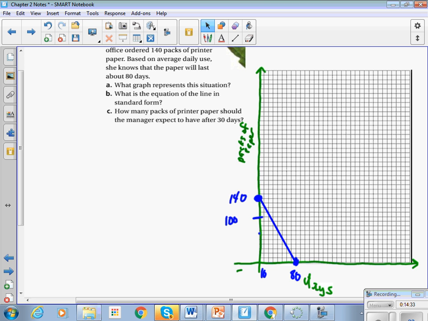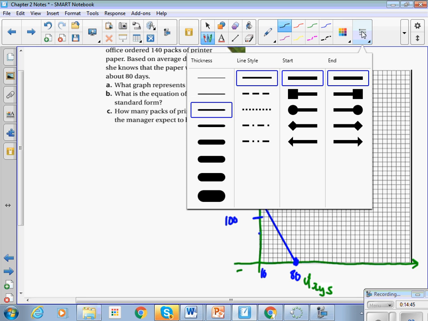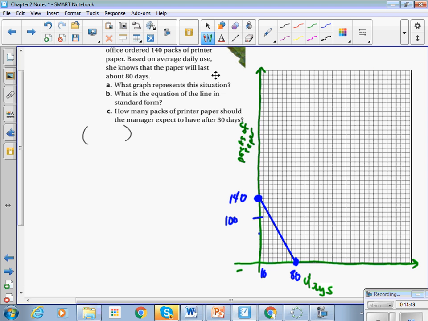All right, so now all we have to do is come up with an equation for this line. The first thing I'm going to do is write my 2 coordinates down. My first point was here at (0, 140), and my second point was here at (80, 0).